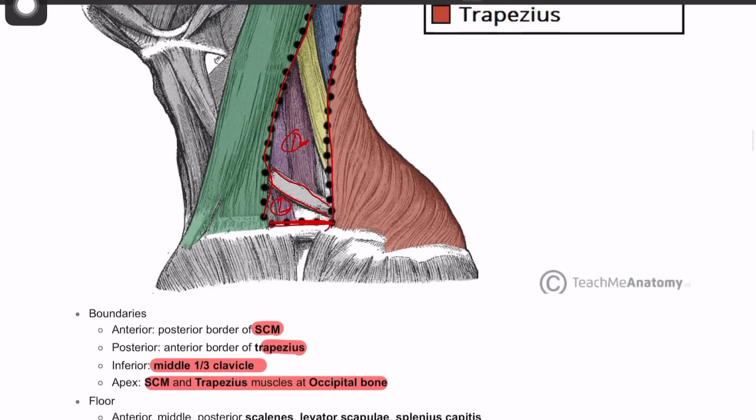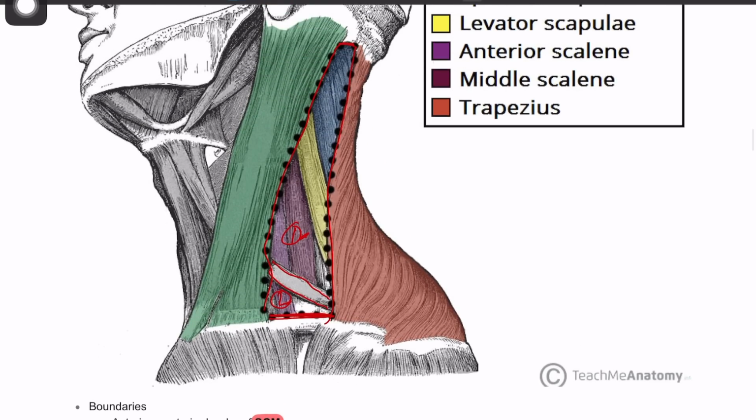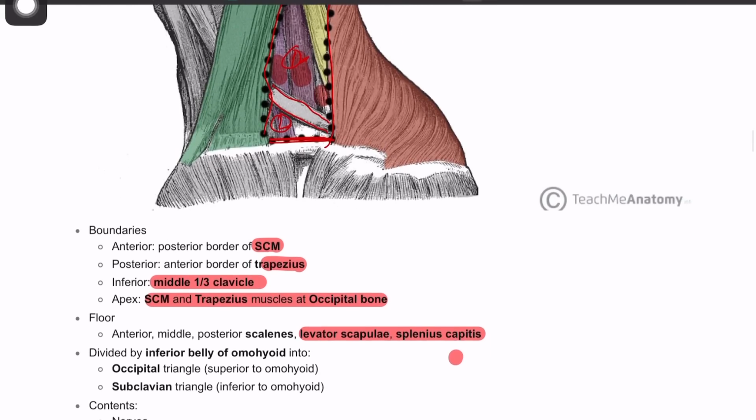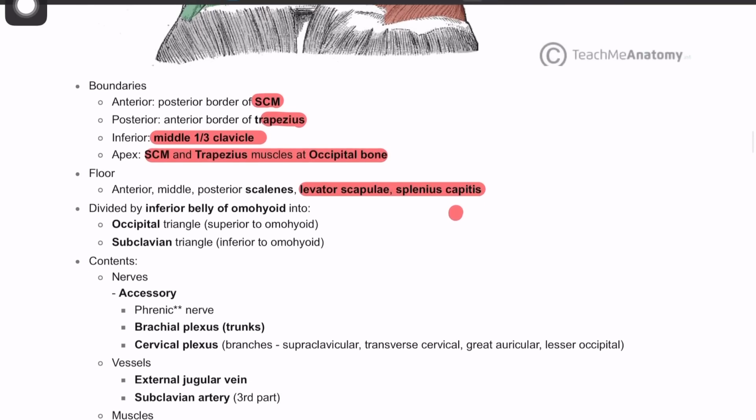It contains the anterior, middle, and posterior scalenus muscles, and levator scapulae, and splenius capitis as well. So it's all these muscles. So you have your splenius capitis and scalenus anterior, scalenus medius, and scalenus posterior, and also another muscle which is the levator scapulae, which will be this yellow bit. Okay.